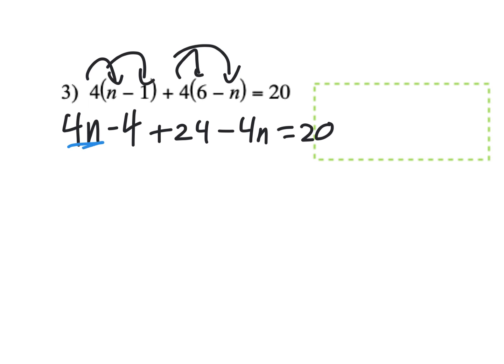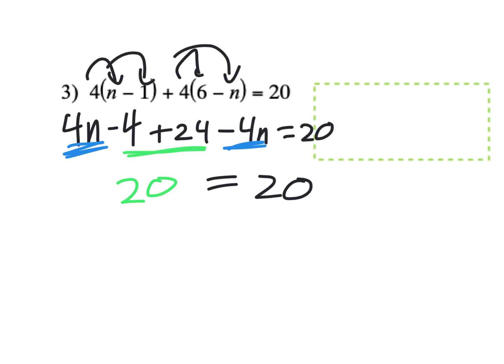Once again, the n's are going to cancel each other out, but this time when you combine the like terms, you don't get an equation that is false, you get an equation that is true. Since the variables cancel each other out, it doesn't matter what value you put in. What if n were equal to 2? They're going to cancel each other out anyway, and you're going to get an equation that's true.